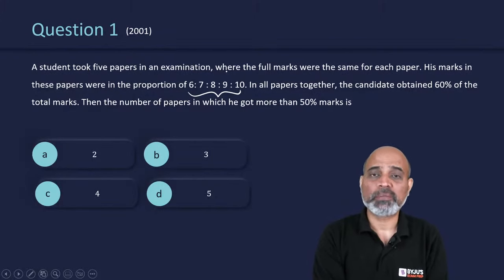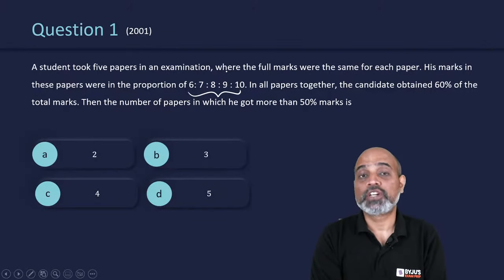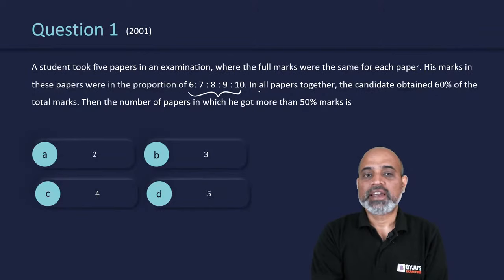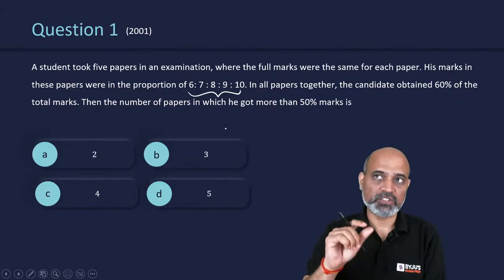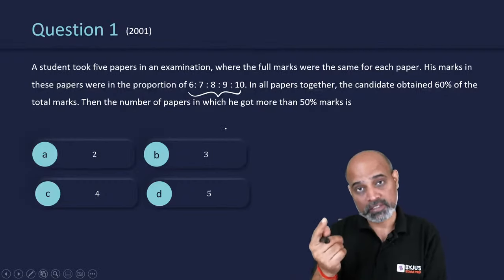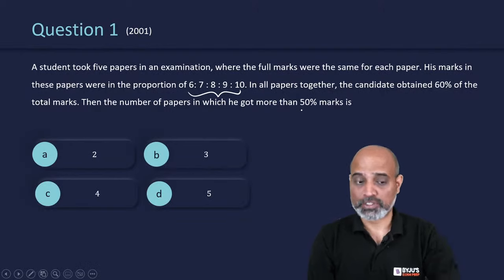And what is the total marks? The total marks could be out of 10, could be out of 20, could be out of 30, who knows, है ना? In all papers together, the candidate obtains 60% of total marks. Now this statement is going to help me figure out what the total marks is. Once that is done, I'll go ahead and solve whatever the question is asking me to do.